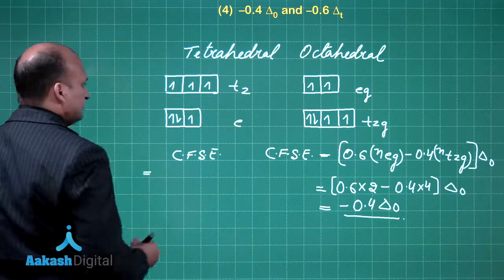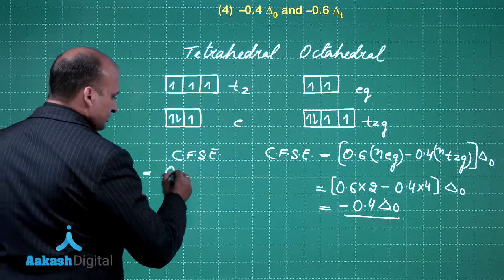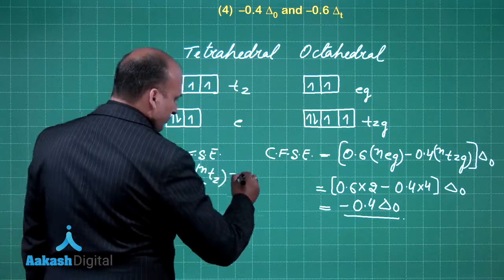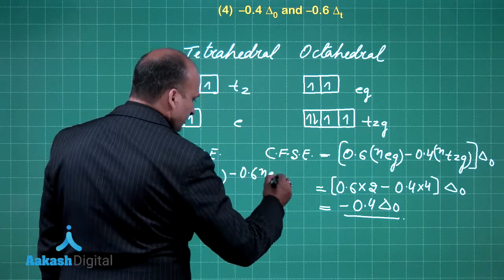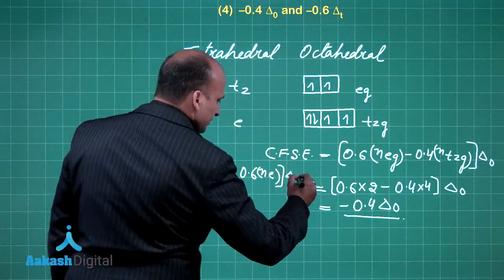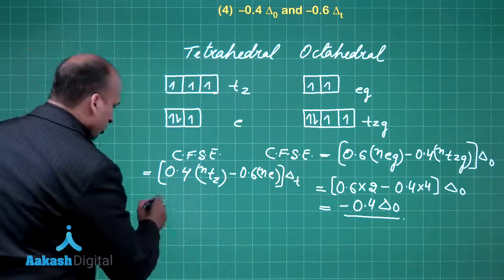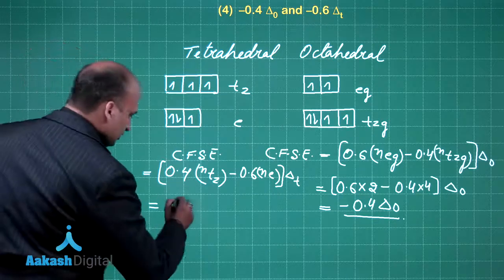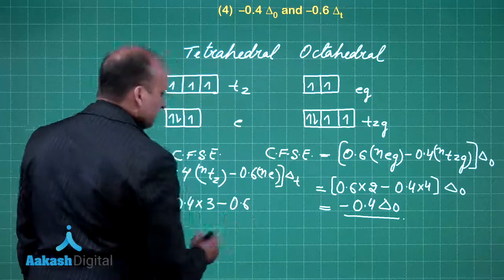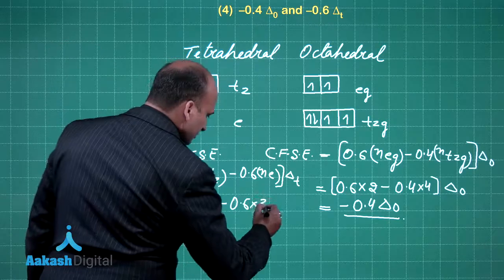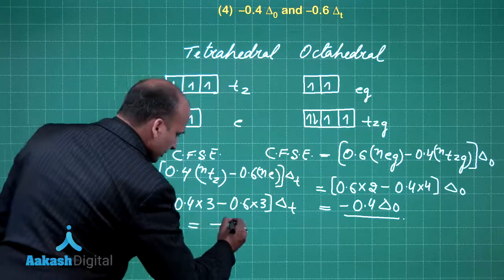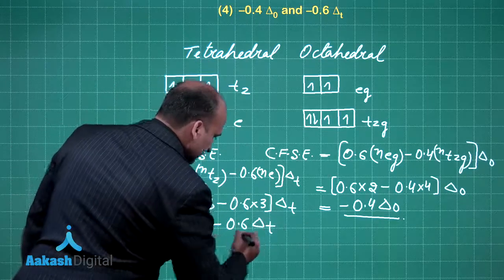This is given as 0.4 into the number of electrons in t2 minus 0.6 into the number of electrons in e, times delta T. Now, how many electrons are there in t2? There are 3. So, this will be 0.4 into 3 minus 0.6. How many electrons in e? 3. Delta T. So you are going to get minus 0.6 delta T.